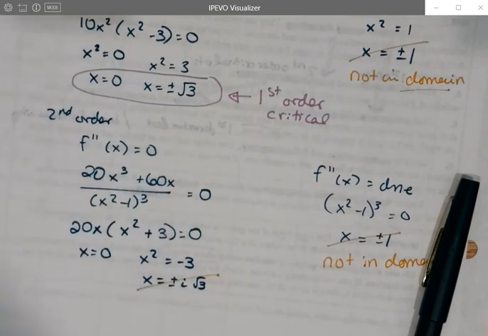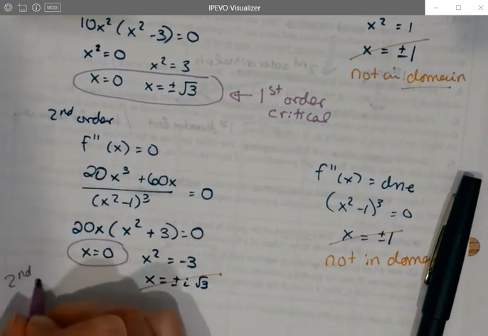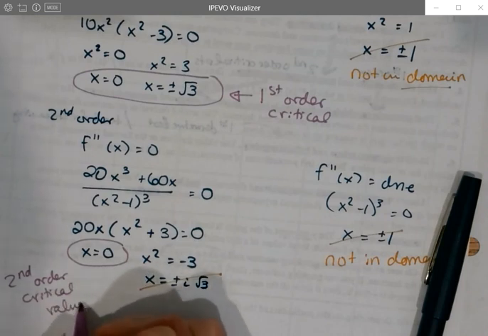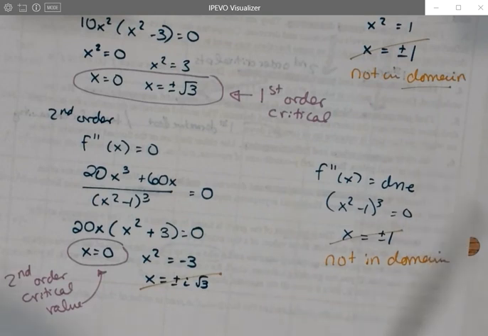And so x equals 0 is our only second order critical value. All right, so we've got 1 second order critical value, and I had 3 first order critical values. That was step 4.